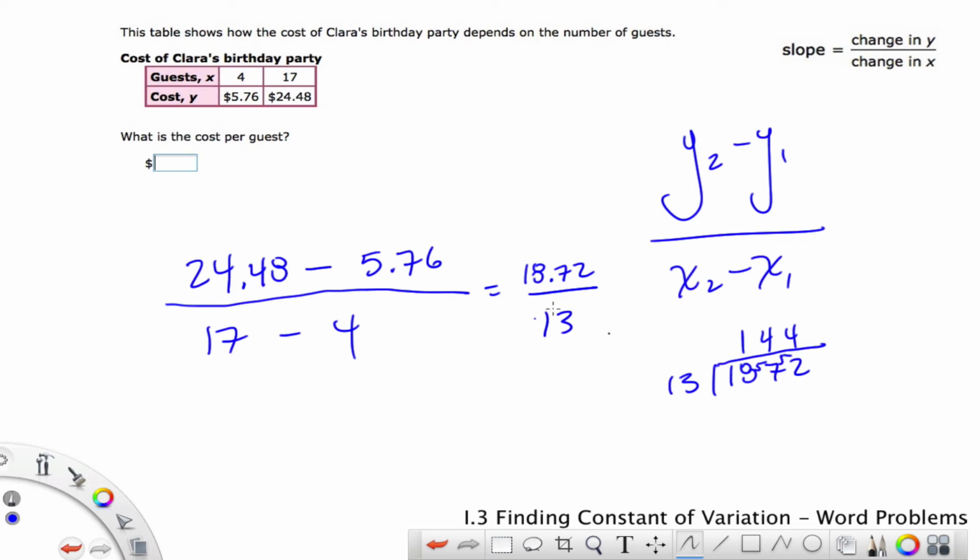So in this case, I said it was going to be about $1.50, so I know my decimal has to go right there. So again, check out the video for doing the short division. But I know 13 goes in 18 once with about 5 left over, so that's how I knew it would be about $1.50. So in this case, the cost per guest is $1.44. All right, so we'll look at the next one.